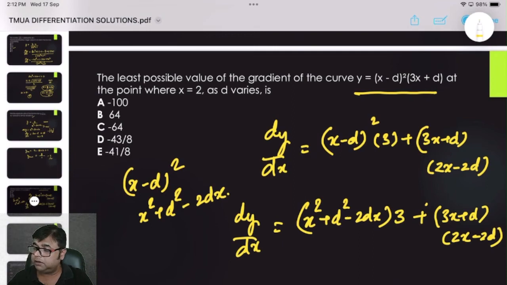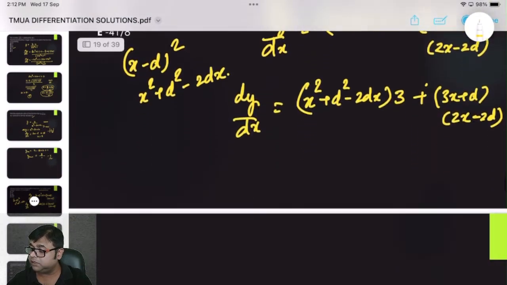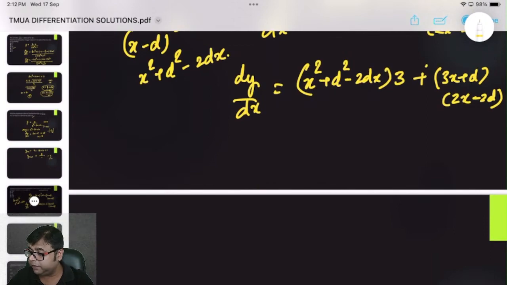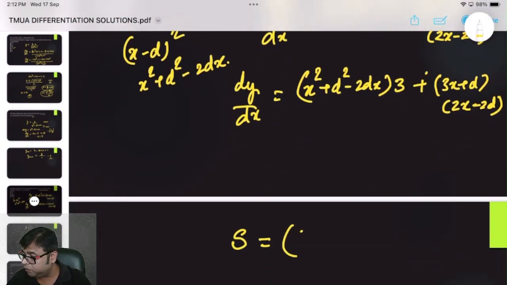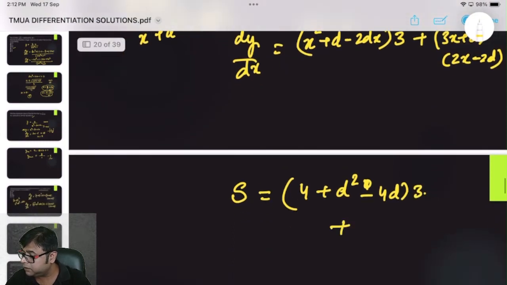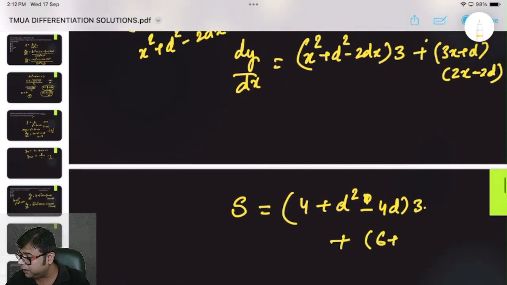Now they're asking the least value of this derivative. Suppose I represent it by slope s, so I'm putting dy by dx equal to s. So s will be, and x is 2. At x equal to 2, I'm going to get (4 plus d square minus 4d) into 3 plus (3 times 2 is 6, plus d) and (2 times 2 is 4, minus 2d).